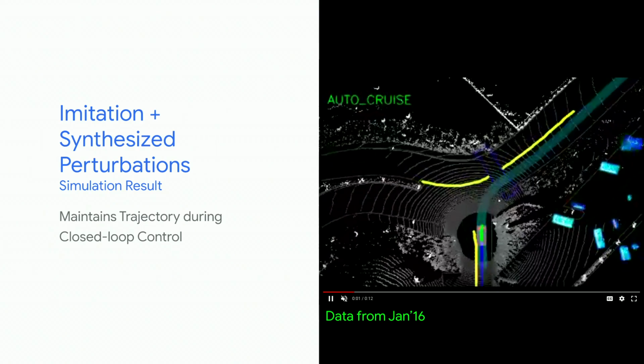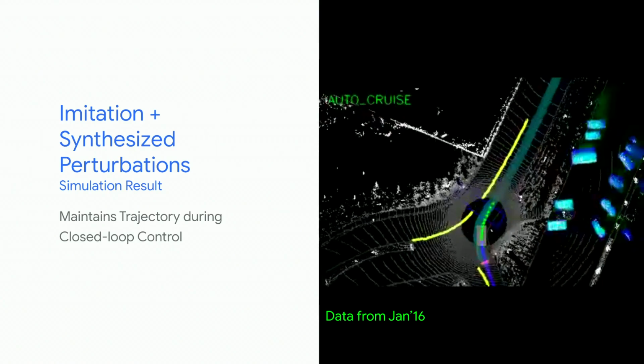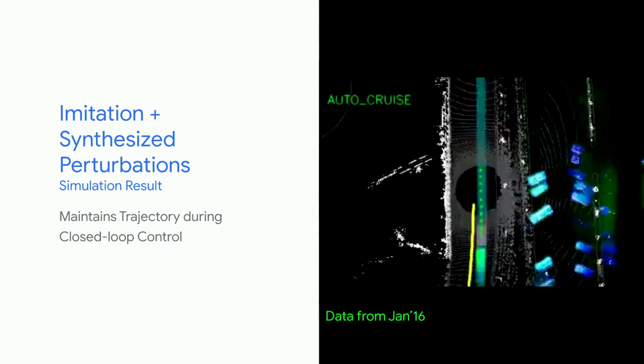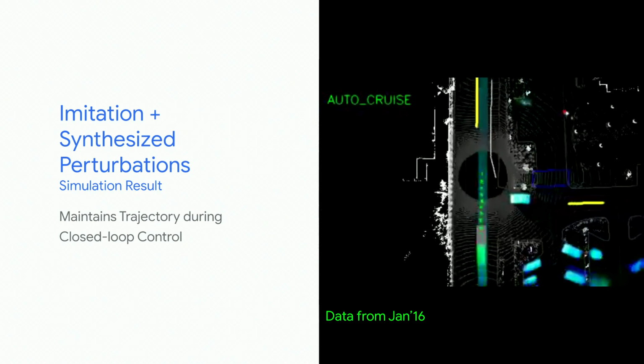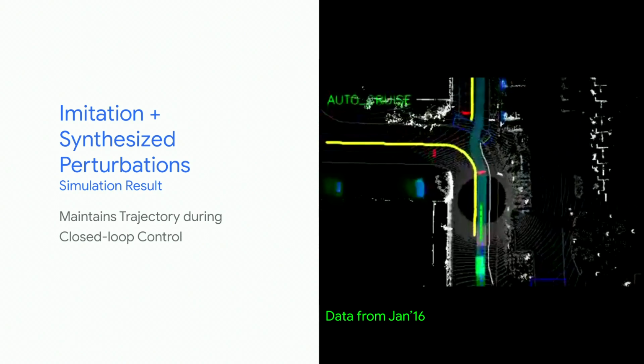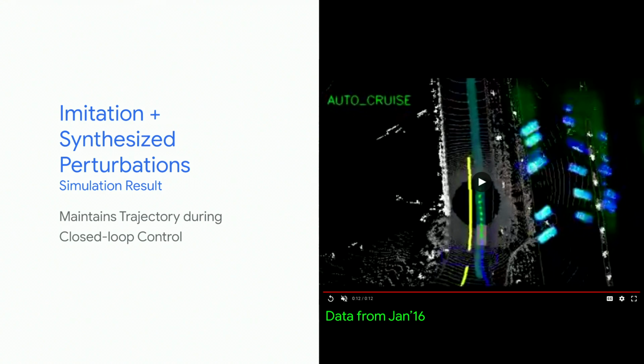So now we'll revisit the example we had before of the agent going around a turn and where it landed on top of the yellow marker. As we saw here, the agent no longer lands on top of the yellow marker.